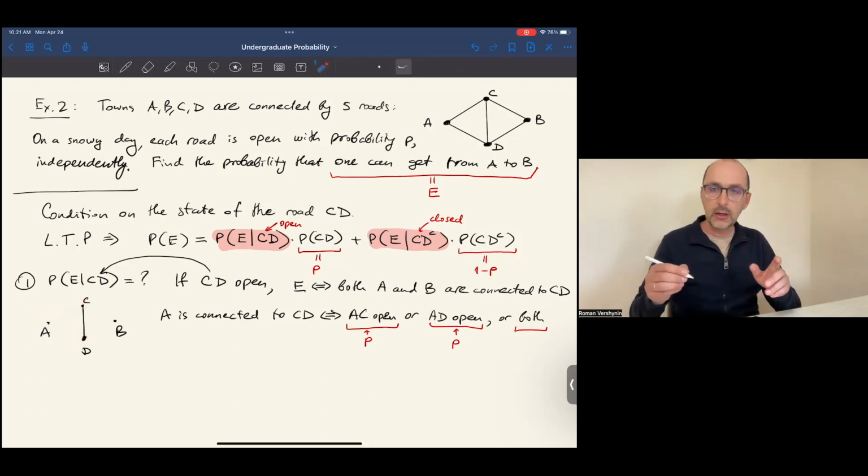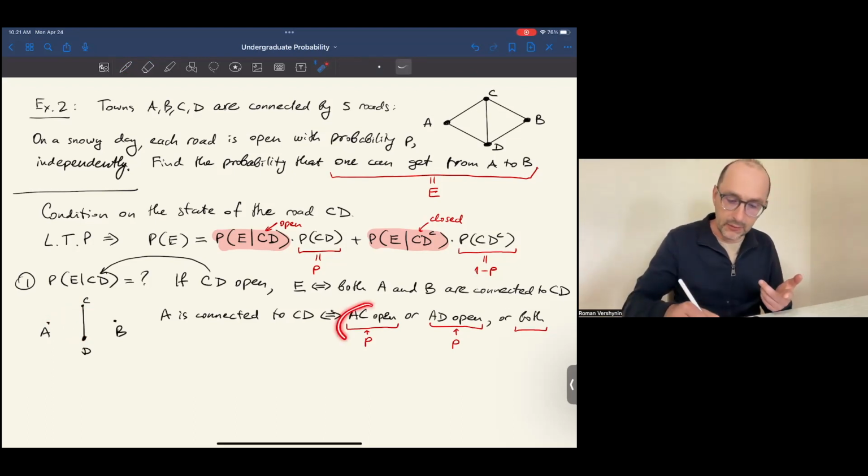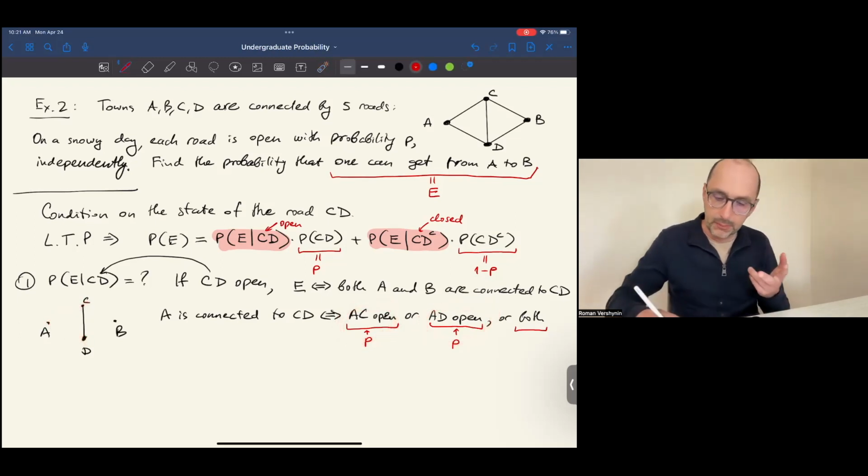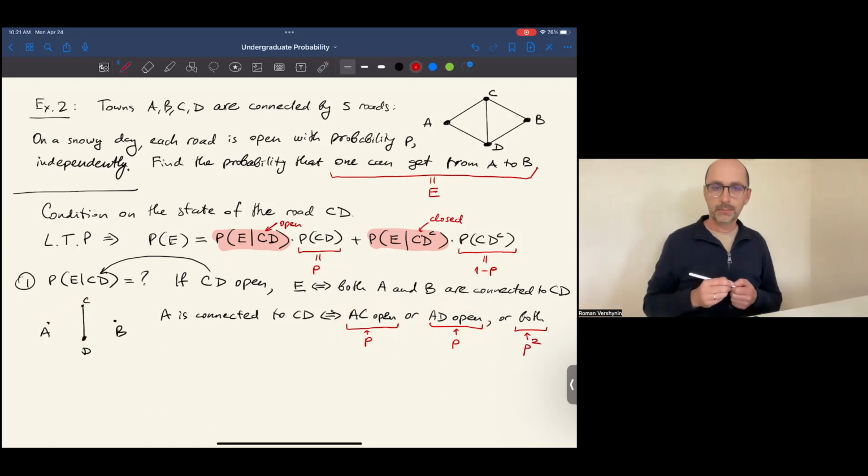That's the probability of the intersection of the 2 events. Both of them have to happen. These events are independent because they involve different roads. So the probability of the intersection, by definition, is P times P, or P squared.